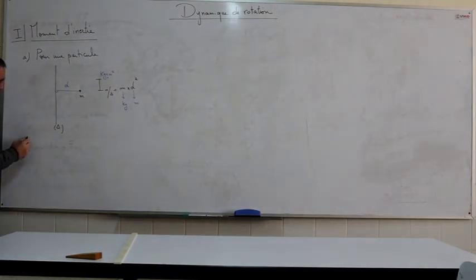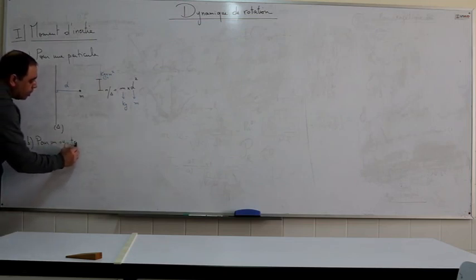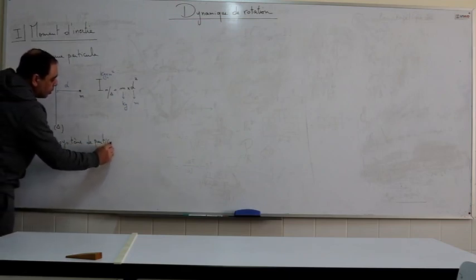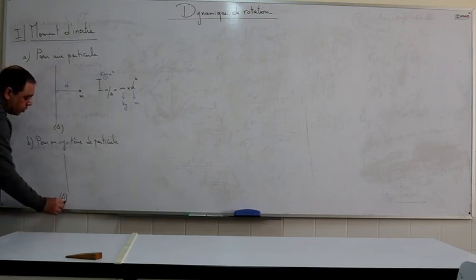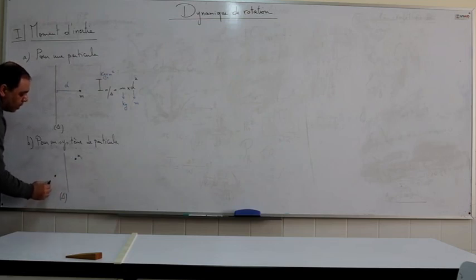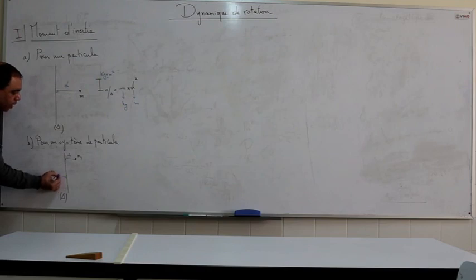Now what about a system of particles? This is delta, which is the axis of rotation. This is particle of mass m1. This is another of mass m2. m1 is at a distance d1 from the axis of rotation, whereas m2 is at a distance d2.